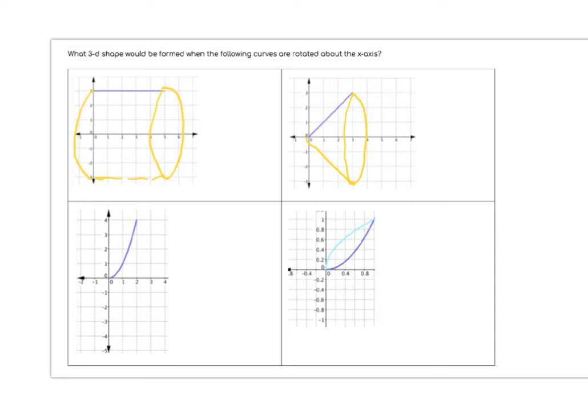For the third one, I'm going to sketch that down there. We're going to get this weird kind of concave curve where we have this cone shape that kind of curves down to a point instead of being linear. And then finally, we have these two pieces together, and I'm just going to try to make that point.